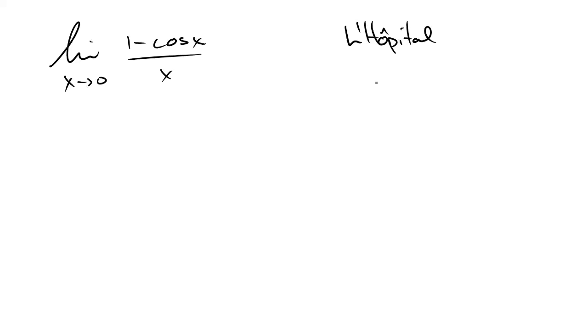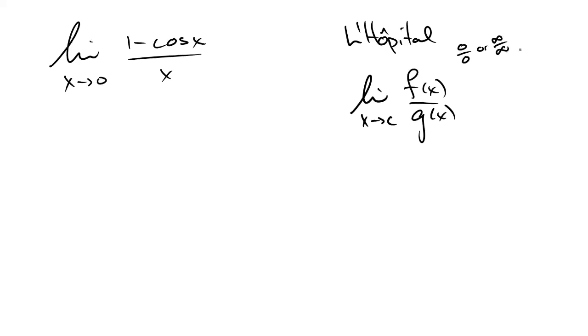What L'Hopital's rule says is that if the limit as x approaches c, or infinity, of f of x over g of x yields an indeterminate form of 0 over 0 or infinity over infinity, that limit is going to be the same thing as the limit as x approaches c of f prime of x divided by g prime of x.